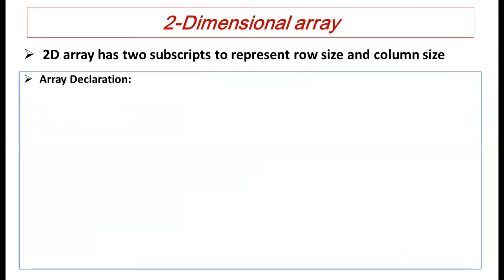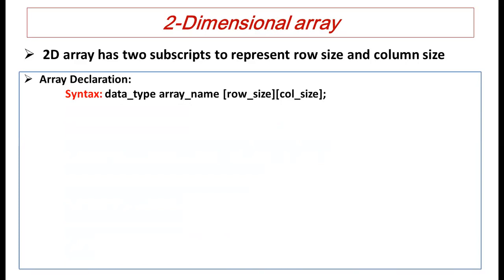We'll see the array declaration to understand two-dimensional array in a better way. The syntax is data type, space, array name. The first subscript will give the row size, the second subscript will give the column size. Row size gives the number of rows, column size gives the number of columns.